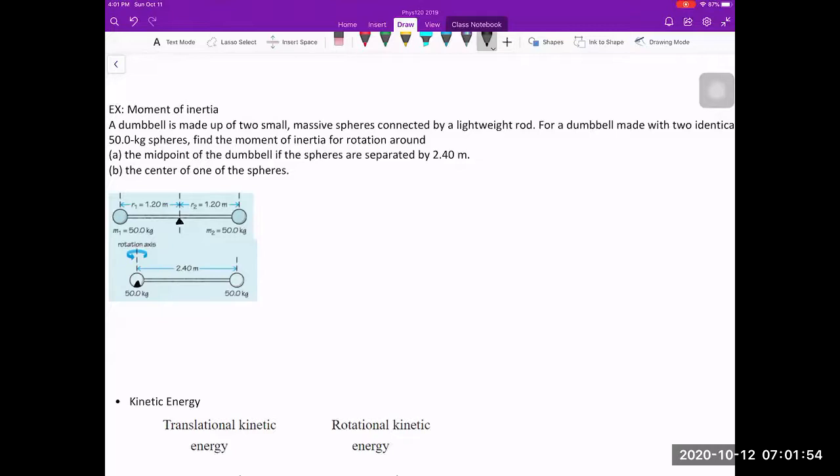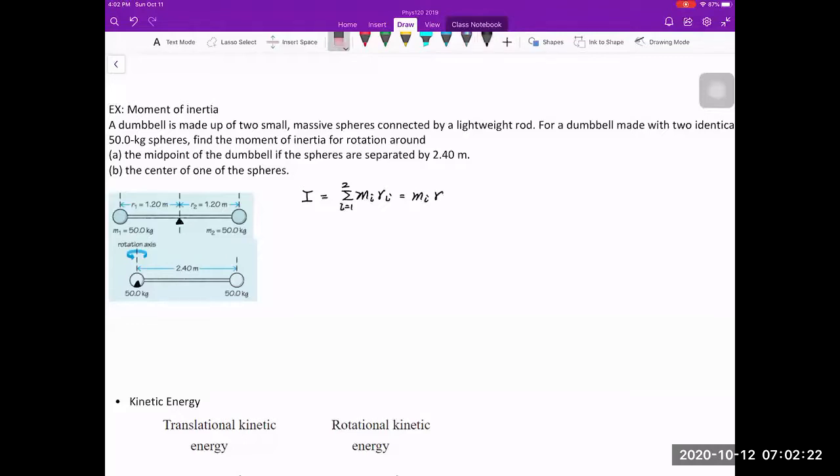Therefore, if you want to find the moment of inertia, or rotational inertia, of this one, it is going to be equal to the summation of m_i r_i squared, where i is equal to 1 to 2. You only have two objects, so the first mass and second mass are simply equal.